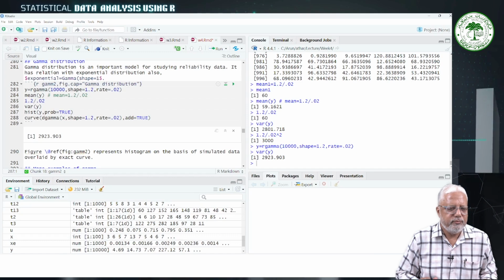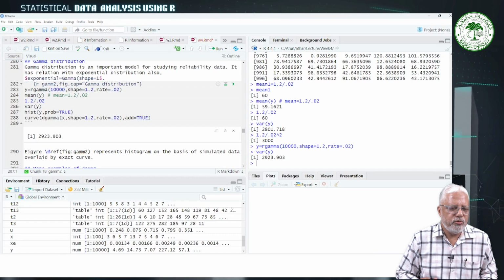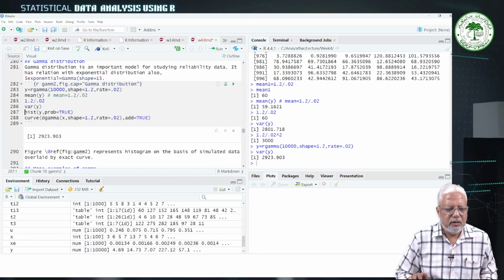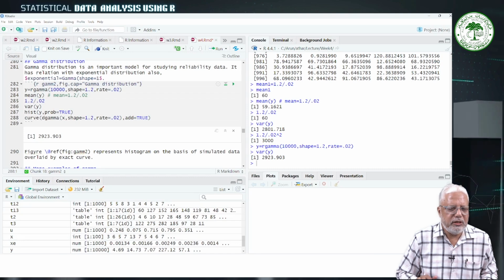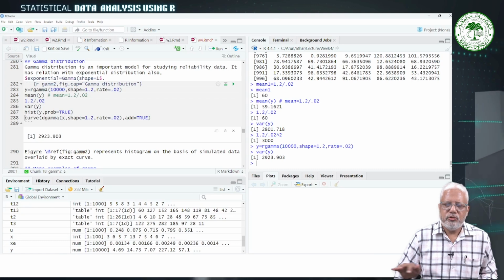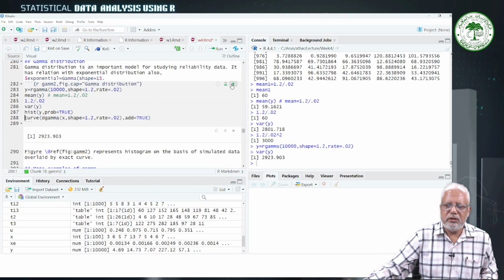Now histogram of y, prob is equal to true, and curve dgamma, we are plotting a curve dgamma, shape is equal to 1.2 and rate is equal to 0.02, add is equal to true. So we can run this chunk.